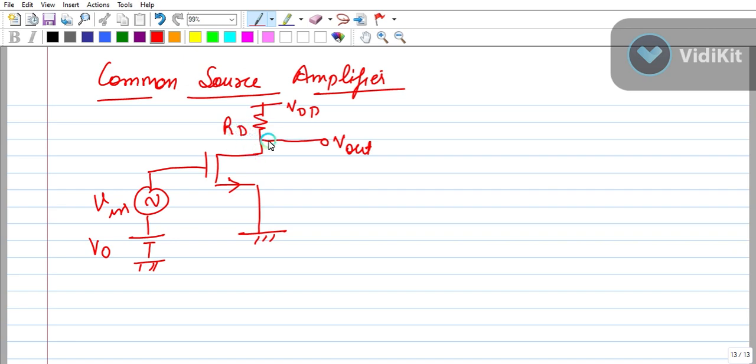So here we want to calculate the gain AV, that is V out by V in, and Z in and Z out, output impedance and input impedance. So three parameters we want to calculate.